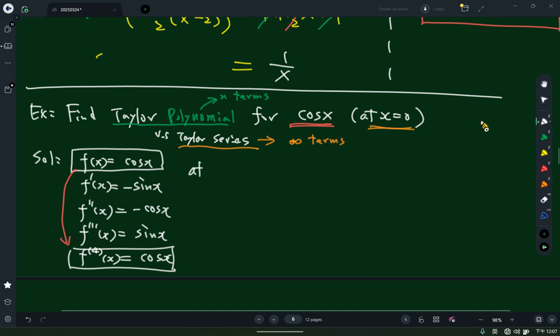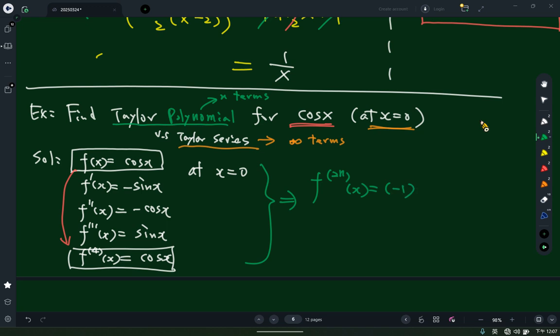So when we want to evaluate this at x equal to 0, I just skip some calculation, but the final result is that the 2n-th derivative of f of x will be negative 1 to the power n times cosine x. Then the 2n plus 1-th derivative of f of x will be negative 1 to the power n plus 1 times sine x.